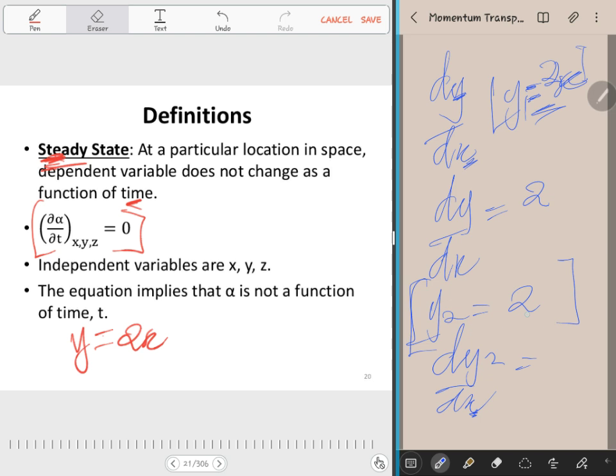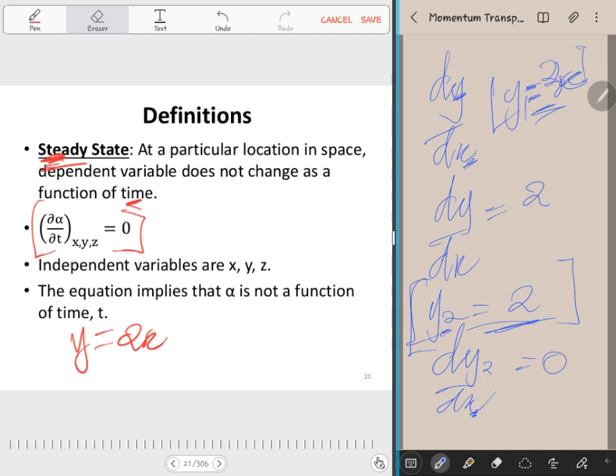So you see y is equal to 2. There's no x in this particular equation, right? So if I'm finding dy2/dx, I'm just putting this one here to signify this, it should give me 0.